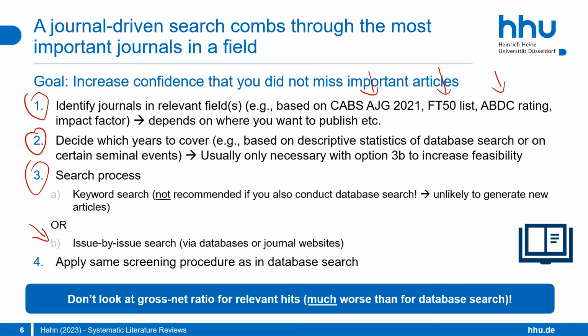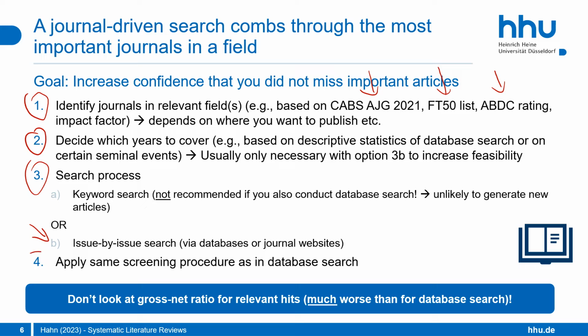So the number of irrelevant hits increases dramatically. That's totally normal. It's not seldom that you look through, I don't know, 1,000 titles in an issue-by-issue search and only have one or two relevant hits. That might actually happen. You cannot avoid it, but the idea here again is to increase confidence that you do not miss any important articles.